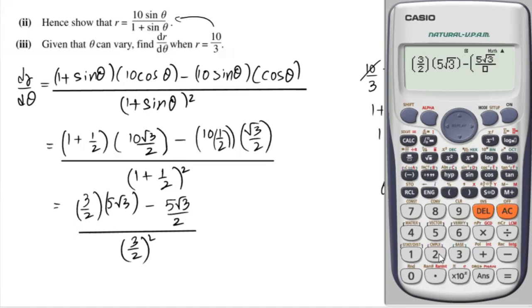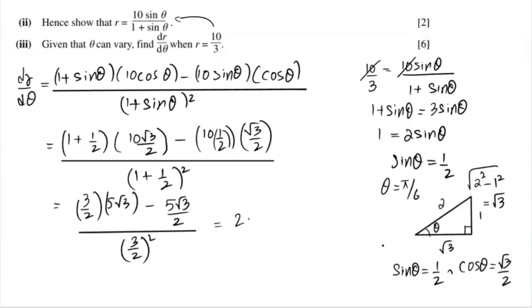Okay, so I'm using my calculator, and let's get the numerator first and put a fraction. That's 5 root 3 divided by 9 over 4, right? So let's see, what do we get? I'm getting 20 root 3 divided by 9.